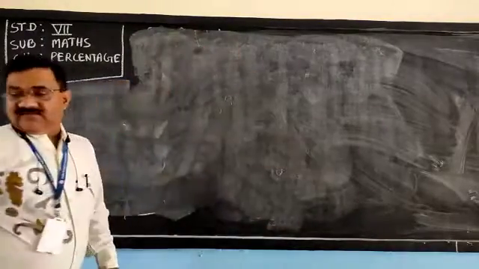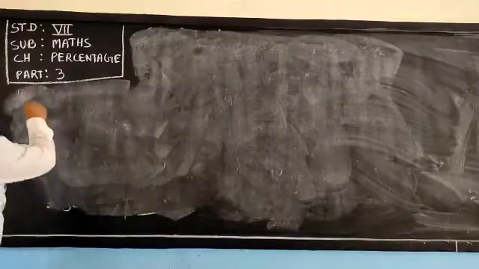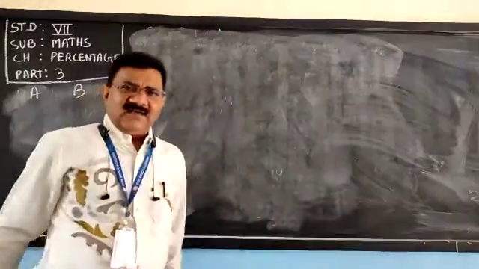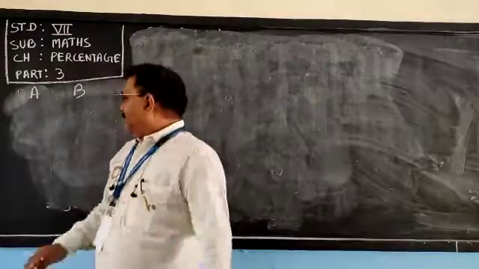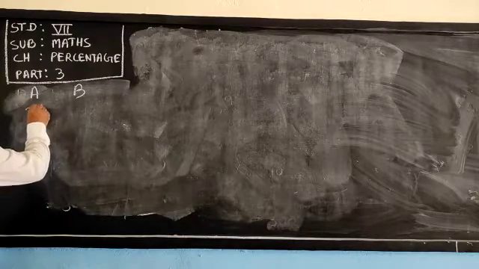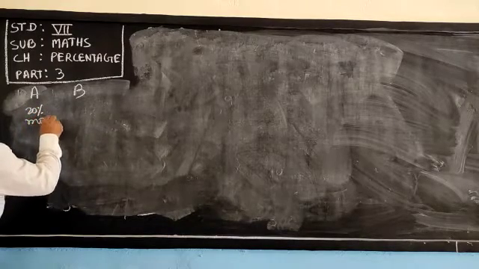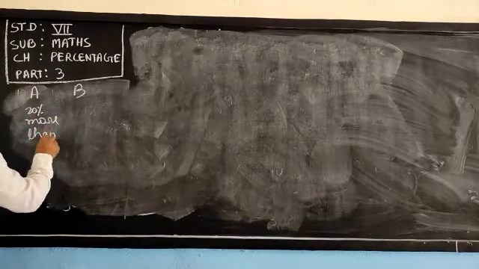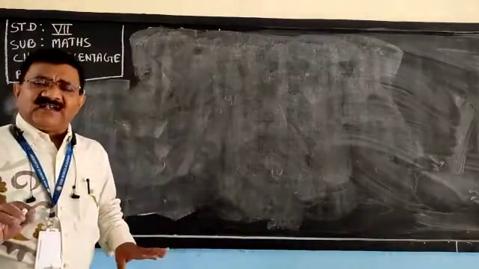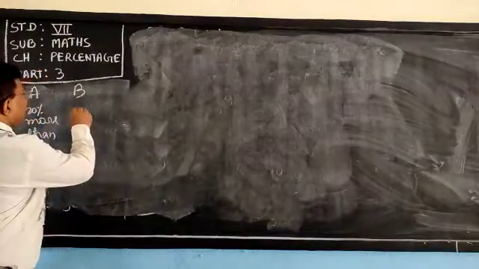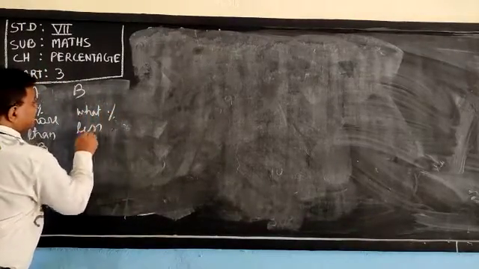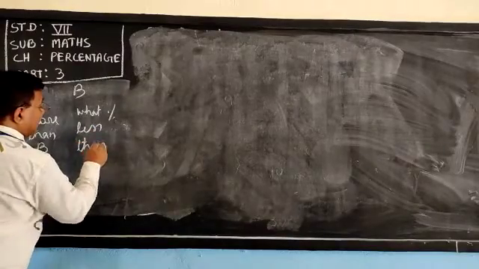Two people are there, and they are A and B. A has 20% more than B. Then B will be what percent less than A?